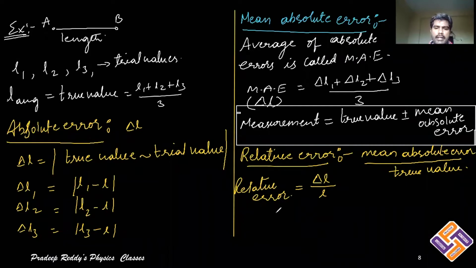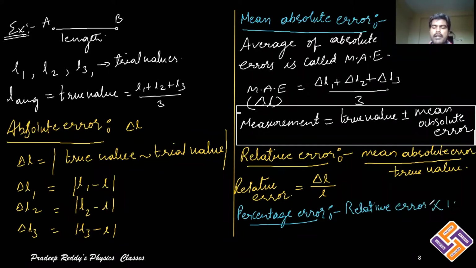And next is percentage error. Percentage error is simply relative error into 100. Relative error into 100, that is delta L by L into 100, gives you the percentage error of that physical quantity.